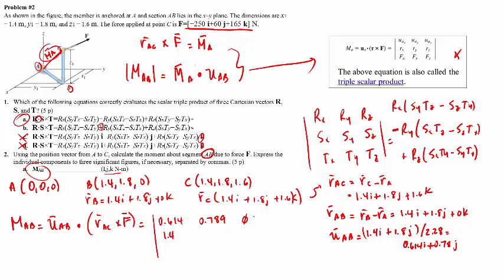So the numbers are approximate, but 1.8, 1.6, and then minus 250, which is the force, 60, and 165. So whenever you solve this determinant, the magnitude is 374.45. It's the negative, so in this case it gives you a magnitude but also a direction.